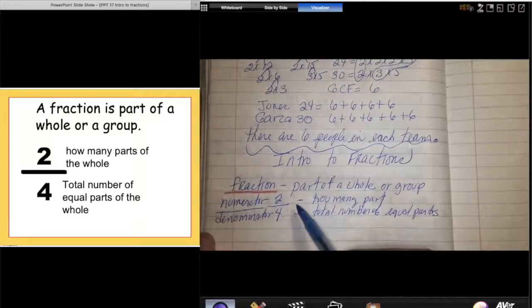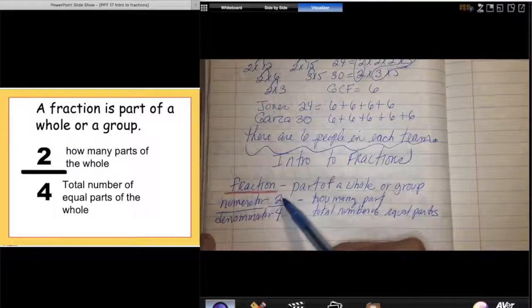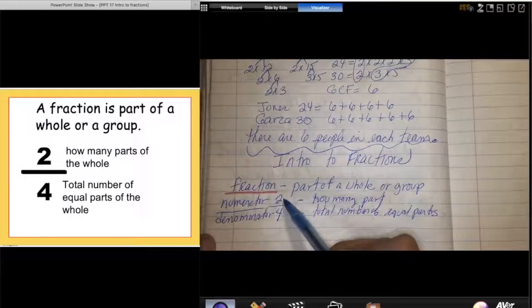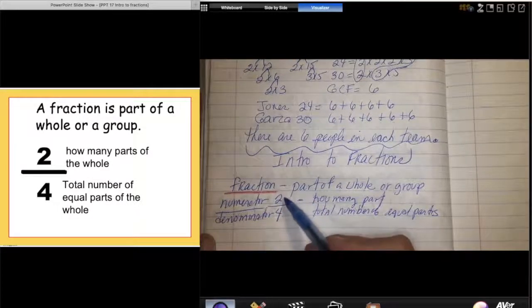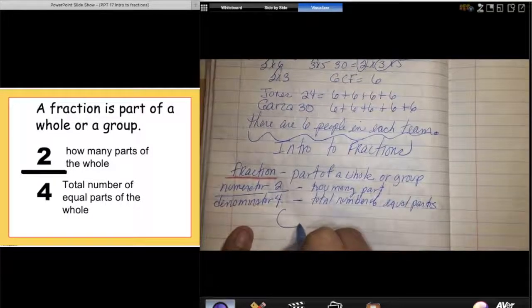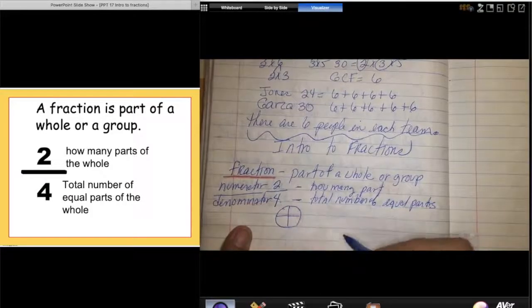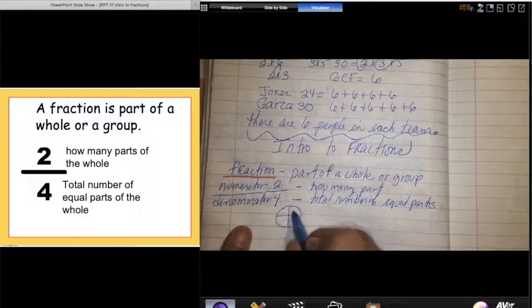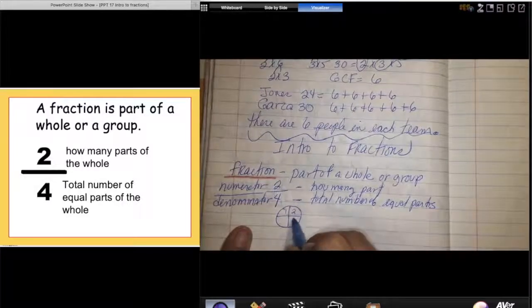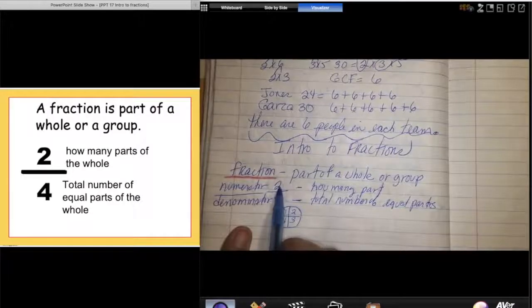Okay, so when you're looking at a fraction, the denominator is going to tell you the total number of pieces. The numerator tells you how many you're referring to. If you're looking at 2 out of 4, perhaps you have a circle and it is divided into 4 regions or 4 sections. And we are going to shade 2 of them.